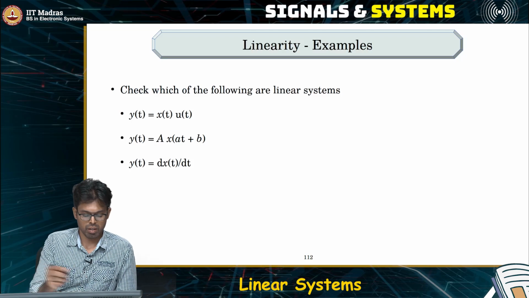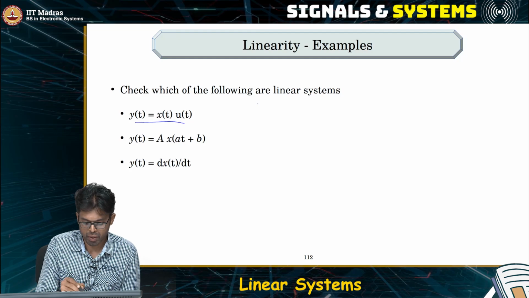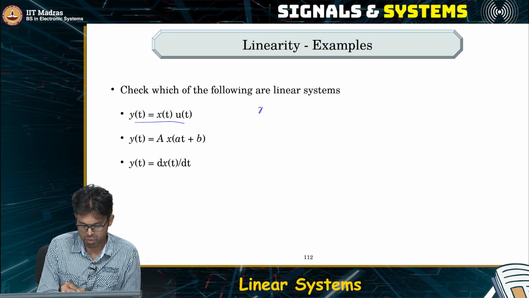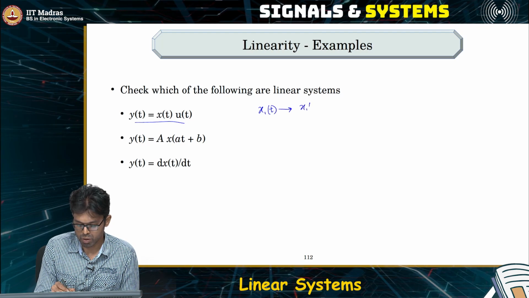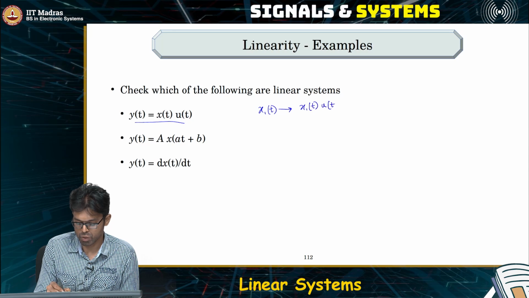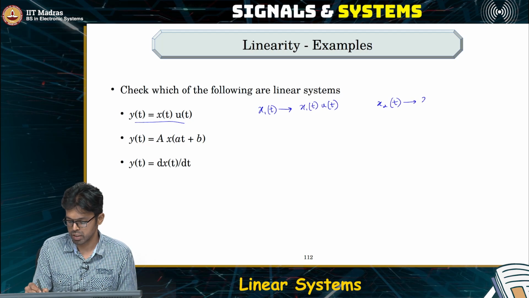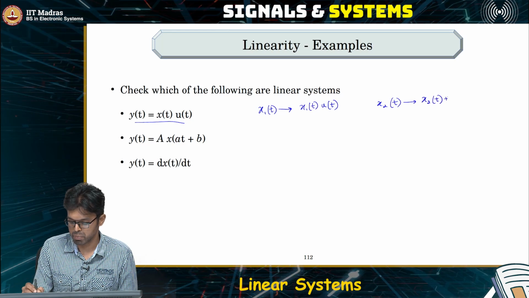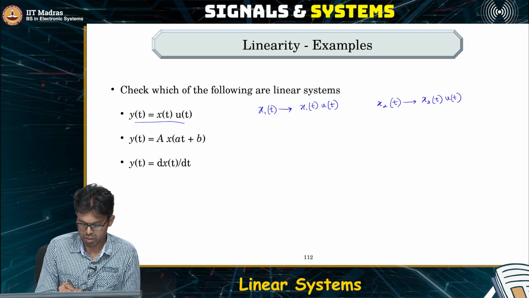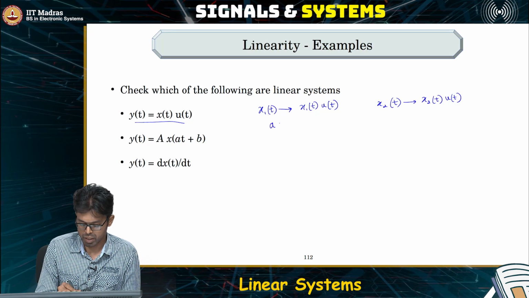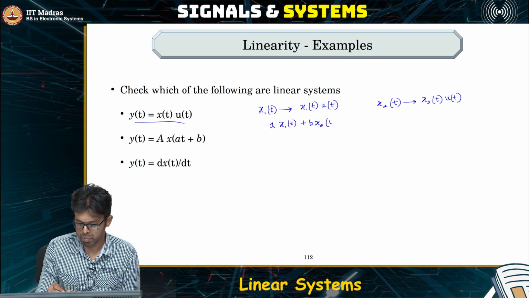Okay. Now let's check if the system here is linear or not. So how do you check? The output of the system for x1 of t is x1 of t times u of t, and the output of the system for x2 of t is x2 of t times u of t. Now what will be the output of this system when you have a times x1 of t plus b times x2 of t?